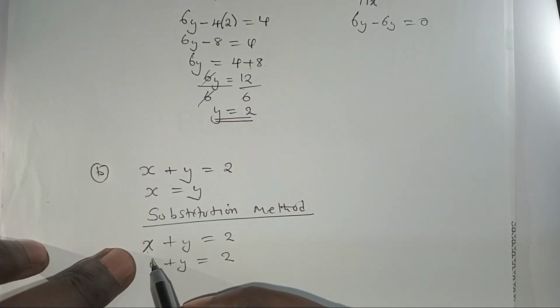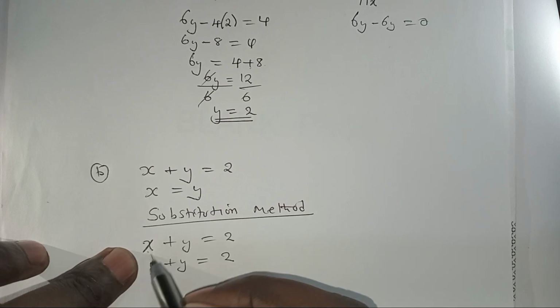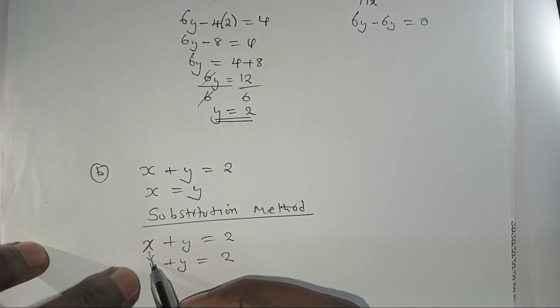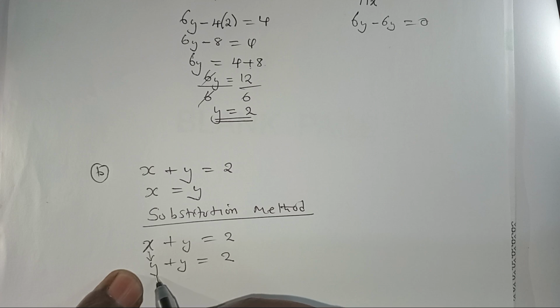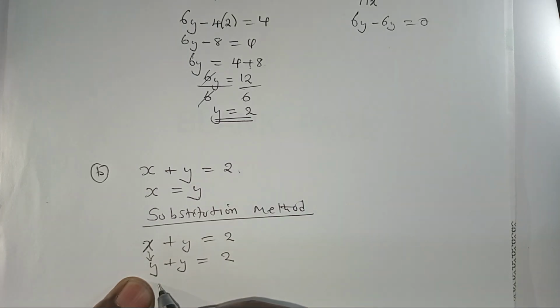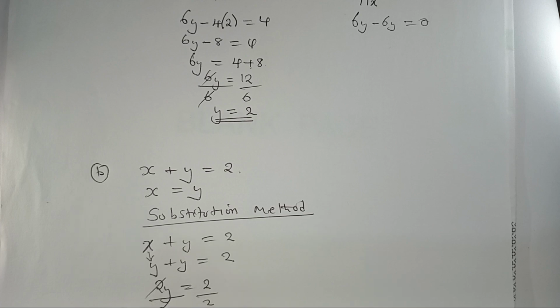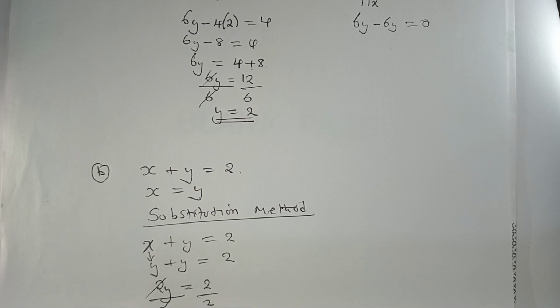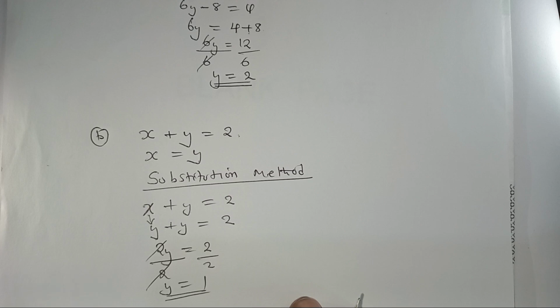What I've done here is that where there was x, I've replaced it with the other variable, y. This is coming from the first equation, and it simplifies to 2y equals 2. Then we can divide on both sides. y is going to be equal to 1. The value for y is 1.